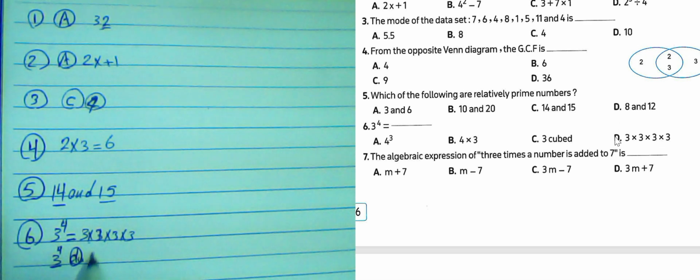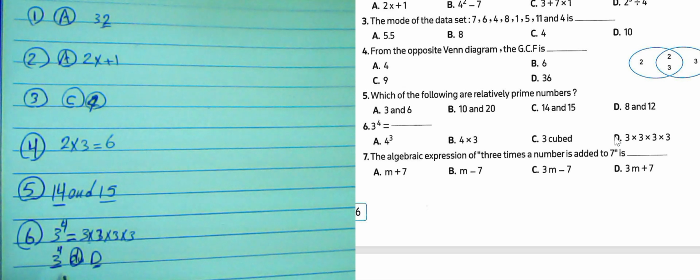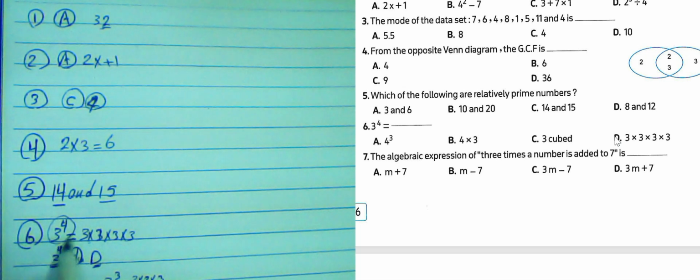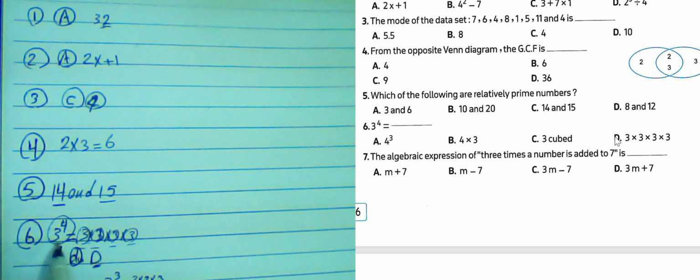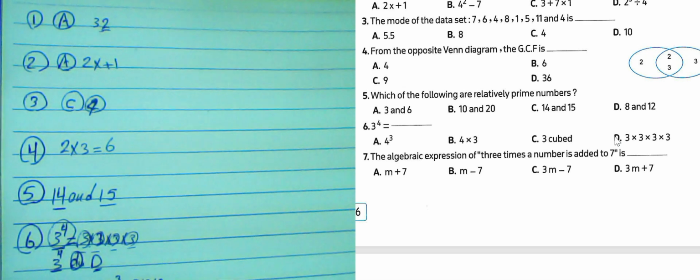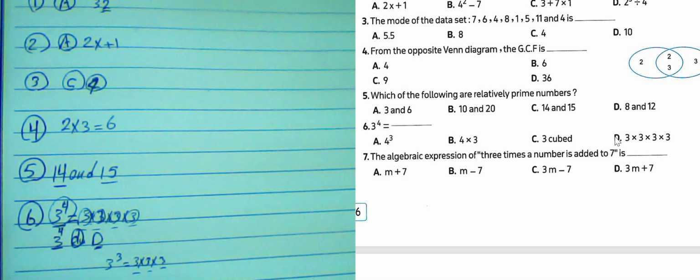Choose letter D. 3 cubed would be 3 power 3, which is 3 times 3 times 3. But 3 power 4 is equivalent to 3 times 3 times 3 times 3, so we must multiply the number by itself 4 times. The result is letter D. Understood?